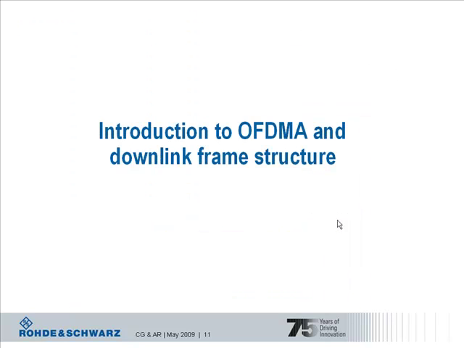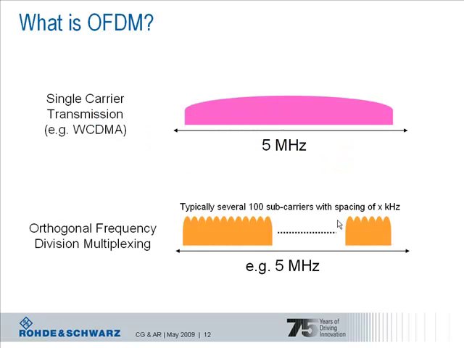So now let's have a closer look into the OFDMA multiple access scheme and the downlink frame structure for LTE. So what is OFDM? In an OFDM system, the available bandwidth is subdivided into multiple subcarriers. And each of these subcarriers can be independently modulated. Typically you have several hundred subcarriers in a certain bandwidth, and they have a constant spacing of some kilohertz.